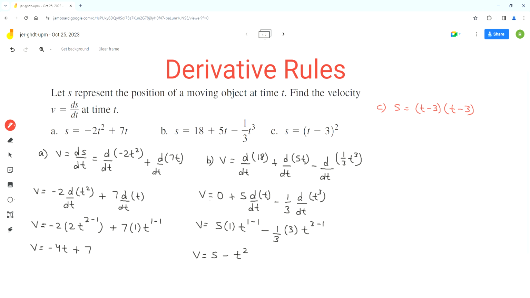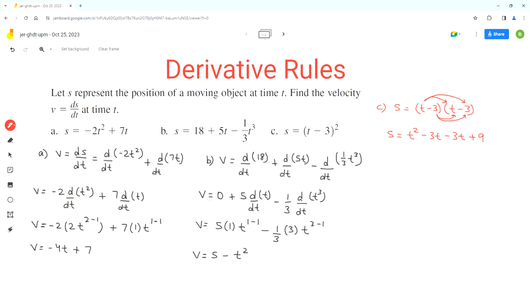And now we can distribute the terms in these exponents. So we can use the FOIL method. So we get S equals, so t square minus 3t minus 3t plus 9.